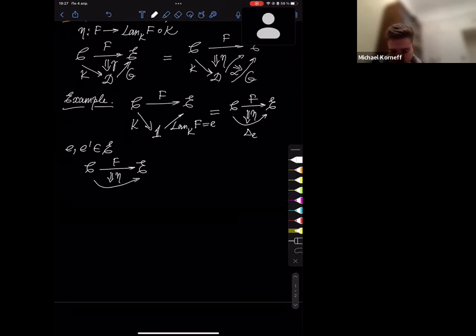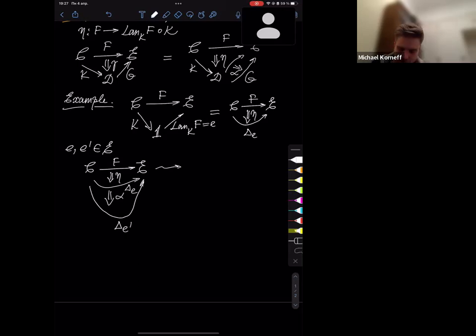We have natural transformation eta by default, and there is a unique natural transformation alpha between delta E and delta E prime.